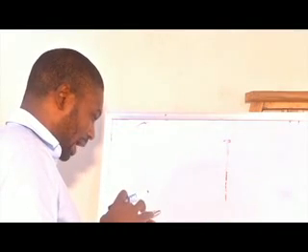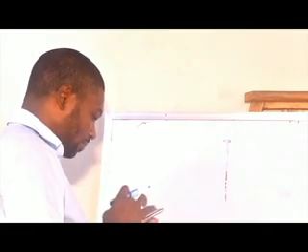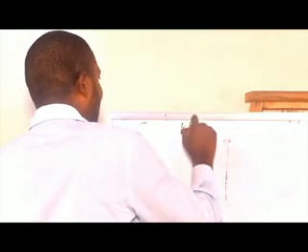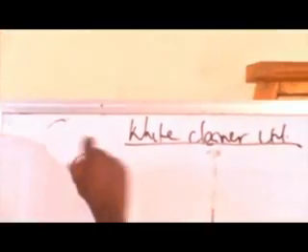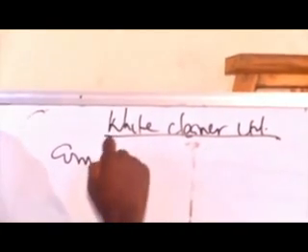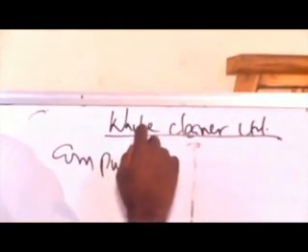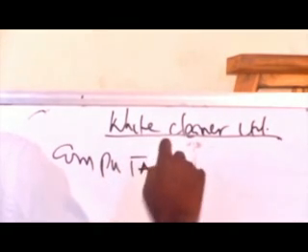So we have White Cleaners Limited, computation A. Computation of capital gain, because that's what A says we should compute.